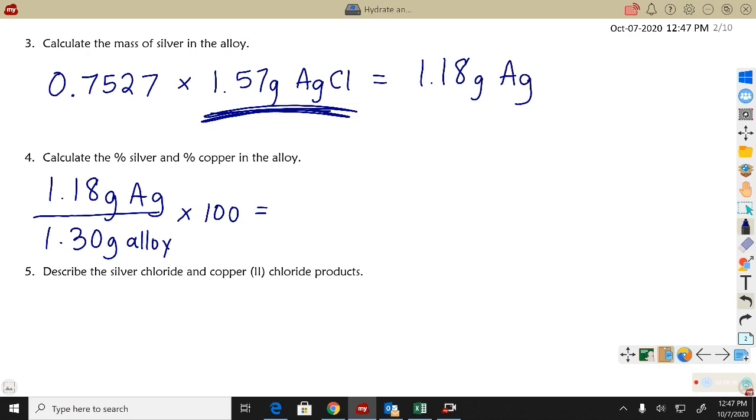And, let's see. These are lab figures, so maybe I'll go 3 sig figs. I'm going to say 90.8% silver. Now, I guess then to get the percent copper, we can just subtract from 100, right? And so then we'll say 9.2% copper by mass.